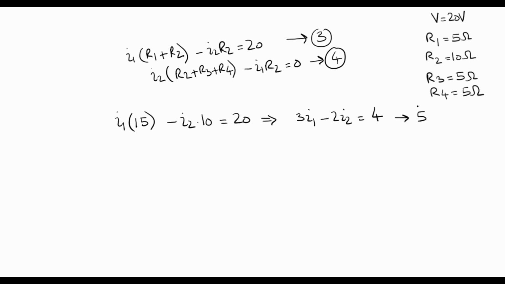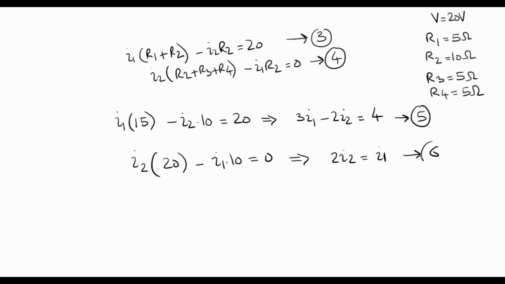Let's call this equation 5. And equation 4 can be written as R2 plus R3 plus R4, which is 20, times I2 minus I1 times 10 equals 0. So this can be written as 2 times I2 is equal to I1. This is my equation 6.